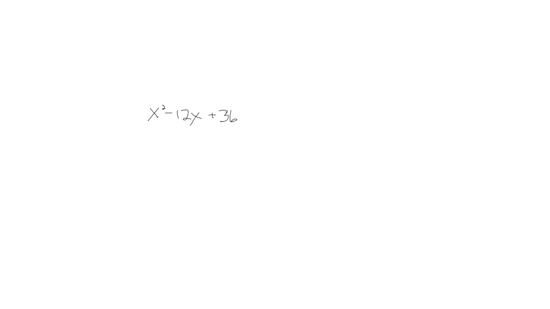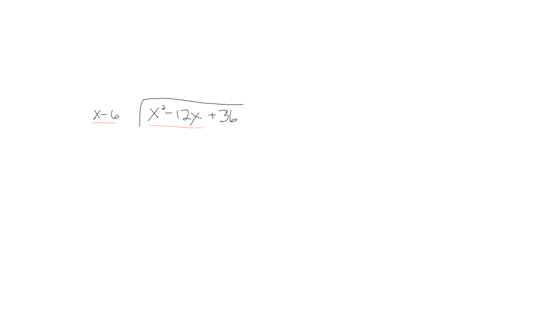I'm going to divide that by, I know this looks crazy already, x minus 6. So just like the other problem, I'm going to look at the first two terms, the x and the minus 6, and I'm really focusing on this first term.